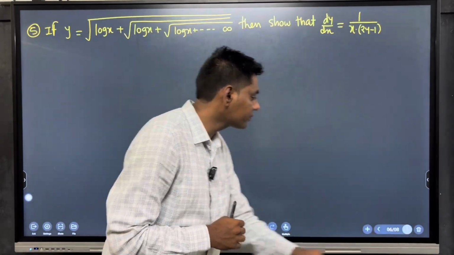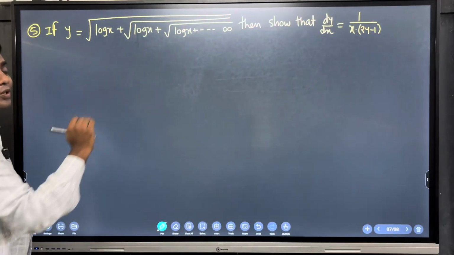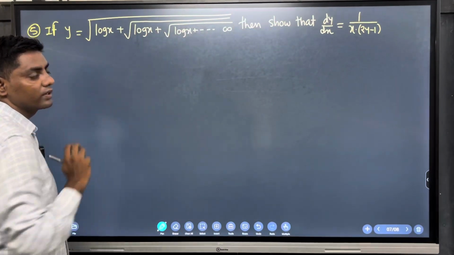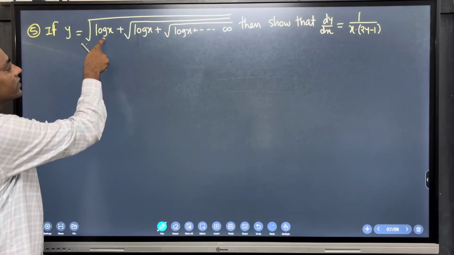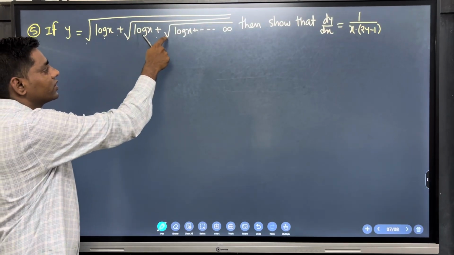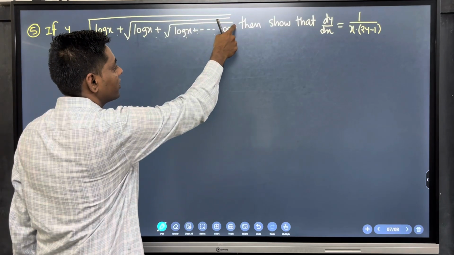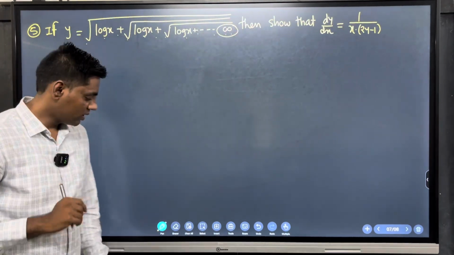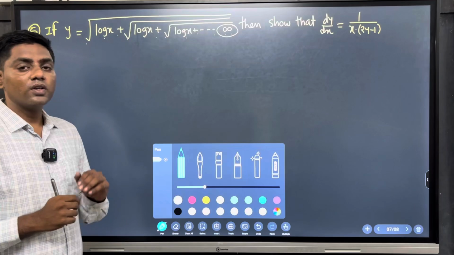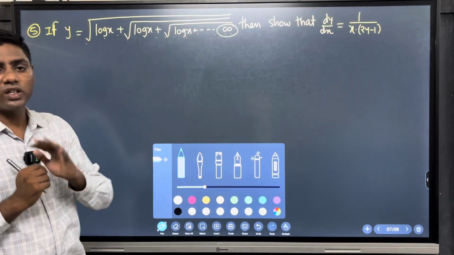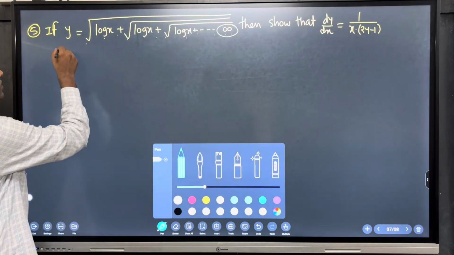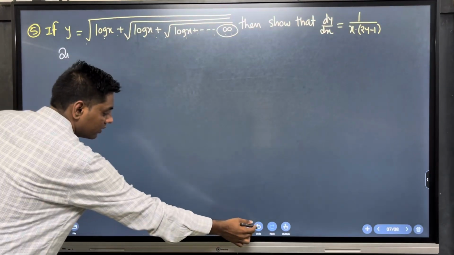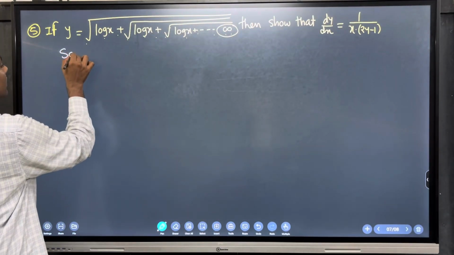Okay, next. This is again a similar question. Here a continuous sequence is there: under root of log x plus under root of log x plus under root of log x plus and so on up to infinity, which means a continuous sequence is given. When similar terms are continuously given, again we solve this question by squaring on both sides.